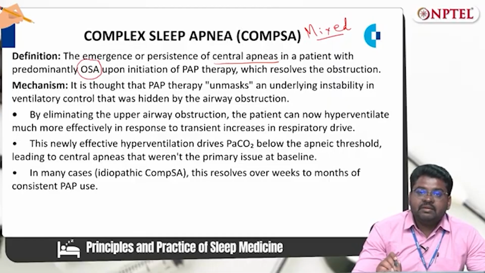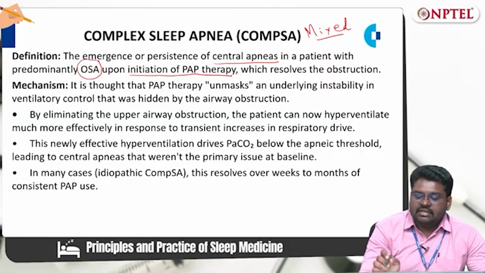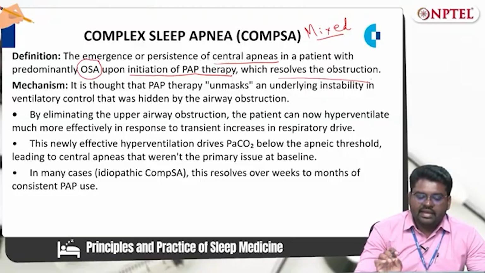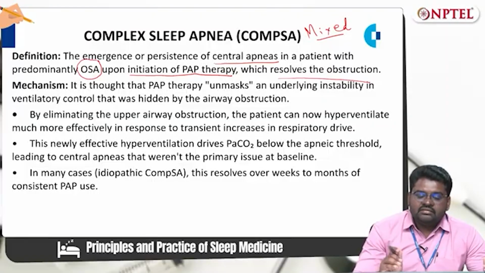So the patient will present to you with obstructive sleep apnea. Then we will initiate the patient on PAP therapy, that is positive airway pressure therapy, which resolves the obstruction. So in the mixed apnea, we treat the obstructive sleep apnea first.